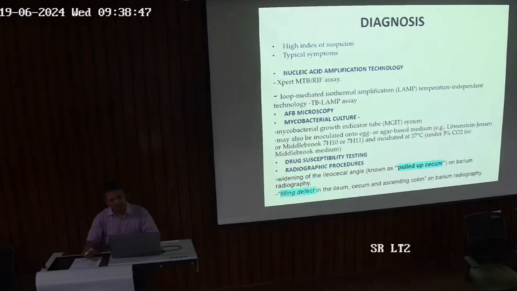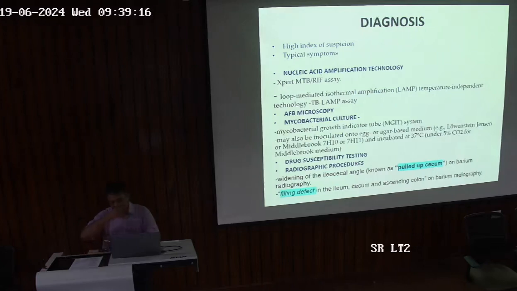We can detect it with the help of NAT, nucleic acid amplification testing, that is GeneXpert, or LAMP, loop mediated isothermal amplification. Here we amplify the bacteria and detect it. The easiest way is AFB microscopy, then mycobacterium culture. In the MGIT system, there are specific bottles to increase the growth of this bacteria.